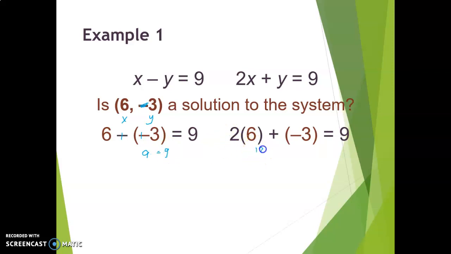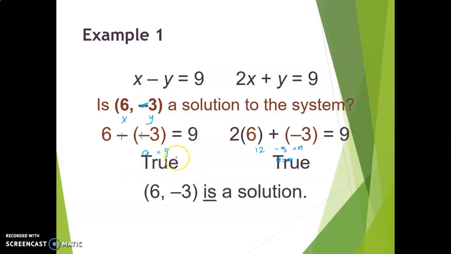And over here, we get 12 plus negative 3, which is 12 minus 3. And when we simplify that, 12 minus 3 is 9, and we get 9 equals 9. So it was true for the first equation and for the second equation. Because it's true for both equations in the system, it is a solution for the whole system. 6, negative 3 is a solution.